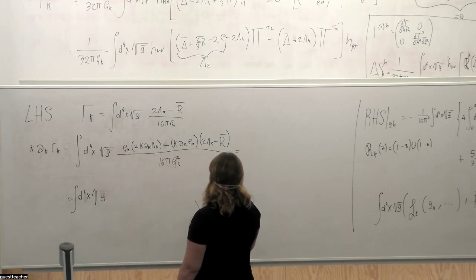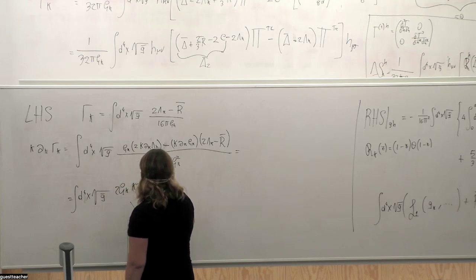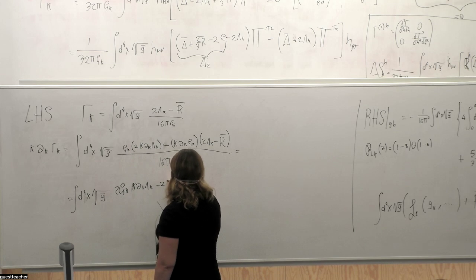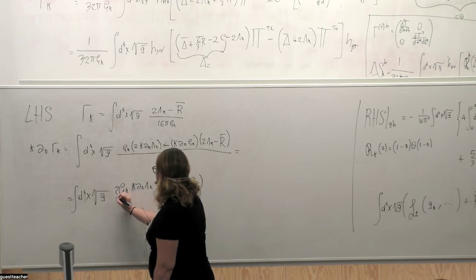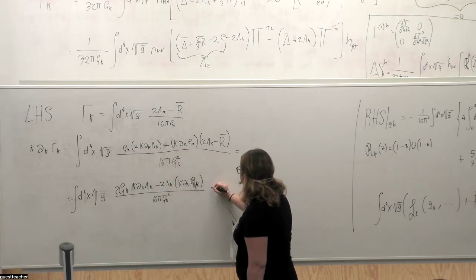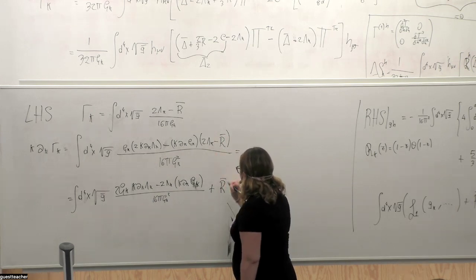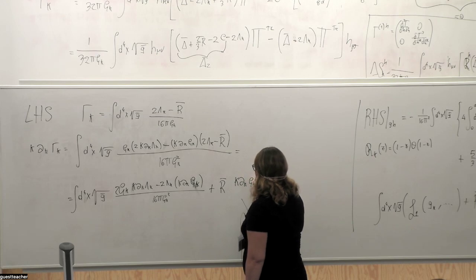And then what we obtain is G_k k d_k Lambda_k, and then we have also this part minus 2 Lambda_k d_k G_k over 16 pi G_k squared, with some cancellation that can happen, plus the only part that remains is the one proportional to R bar, and this only leads to something like this.